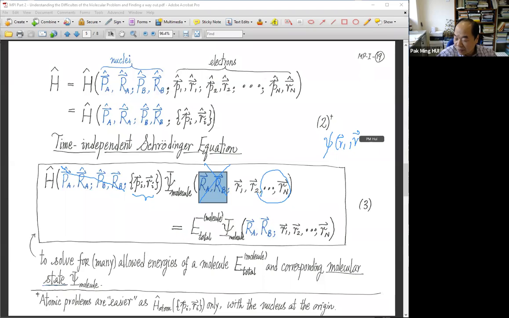So you see how luxurious we have been, how easy that helium atom problem is, although it's still not solvable. So we get used to the fact that there's no analytic solution. Let's try our best to find some way out. That is the art of doing physics.